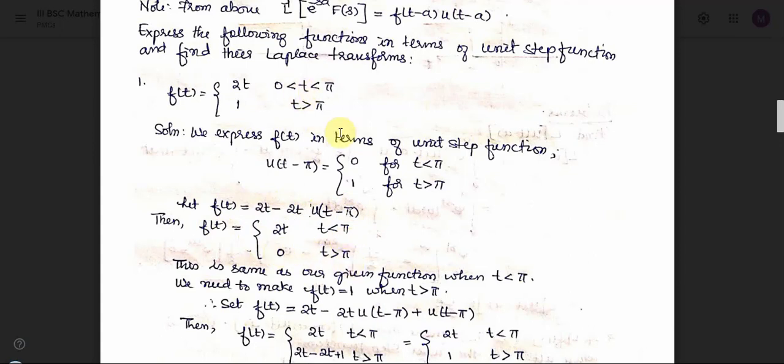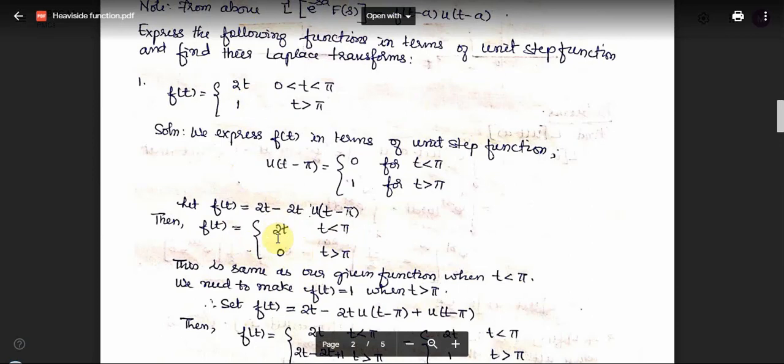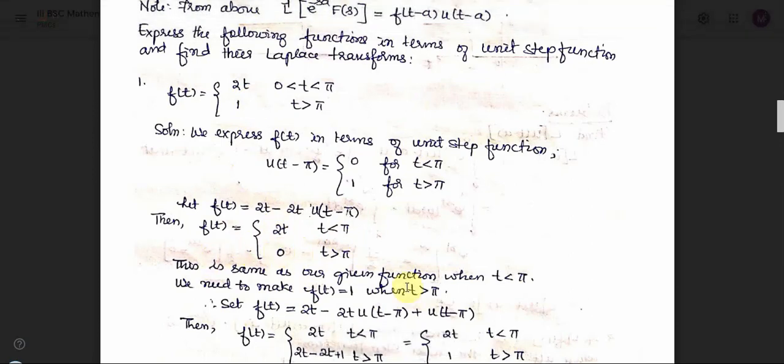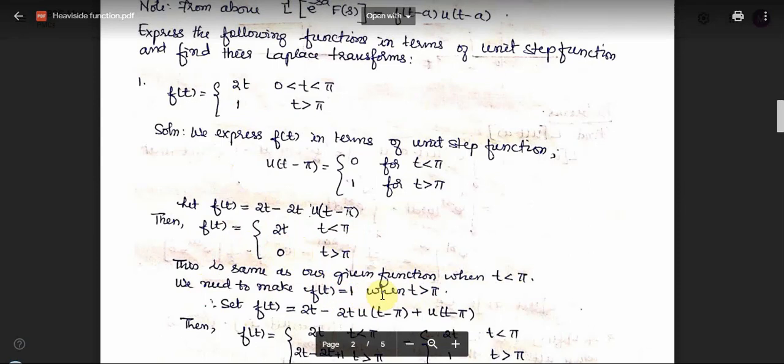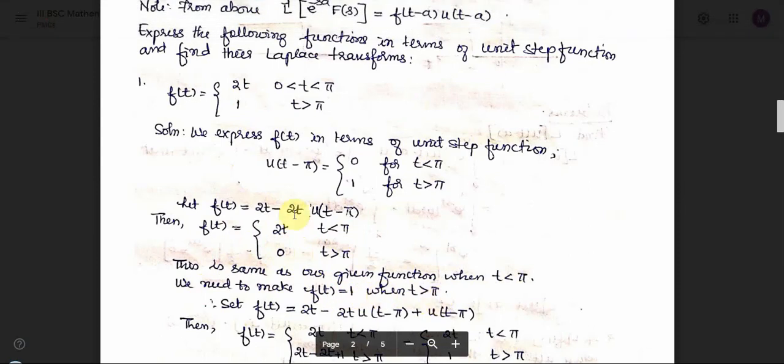Now we will compare the given function and this function. The first half is the same, but the second half I want it to be 1. But if I define it like this, I get it to be equal to 0. So the first half is right. The second half I have to change so that these two functions will be the same. This is the same as the given function when t is less than pi. We need to make f of t equal to 1 when t is greater than pi.